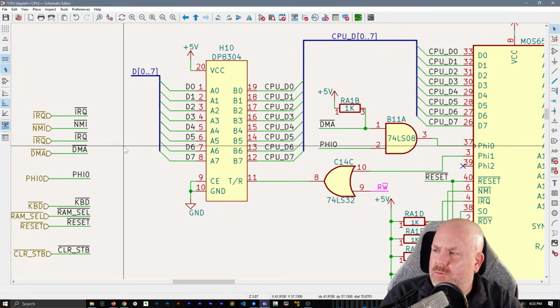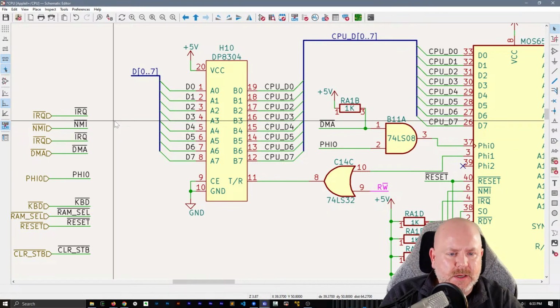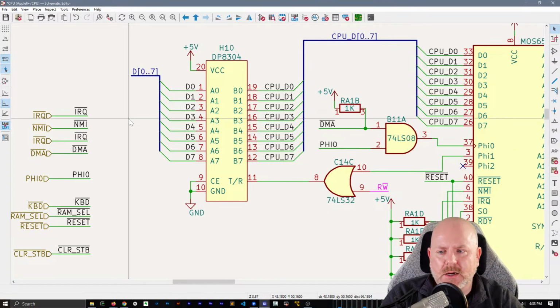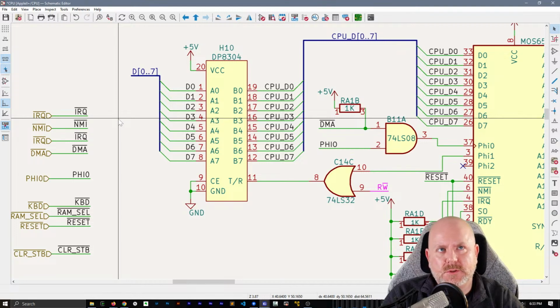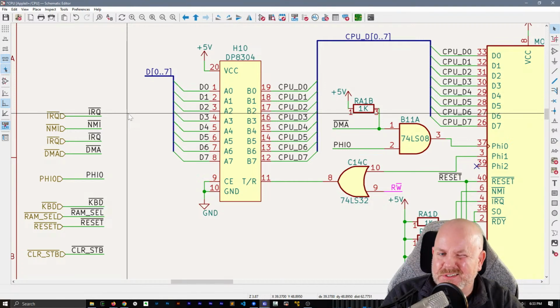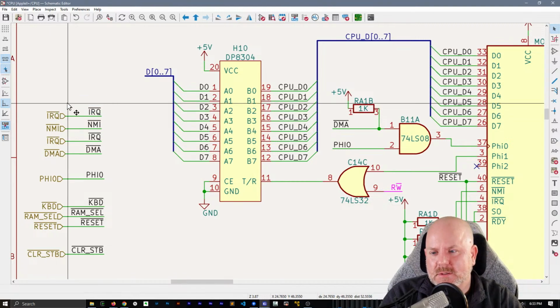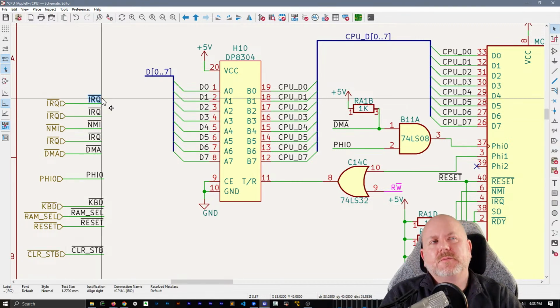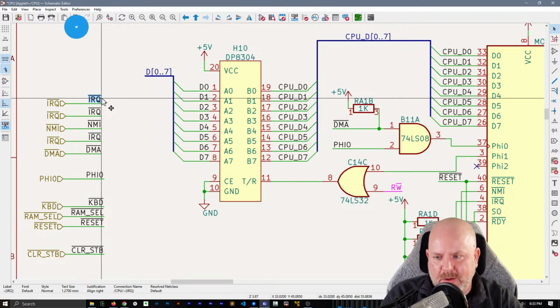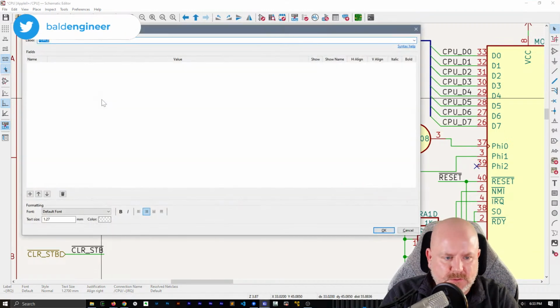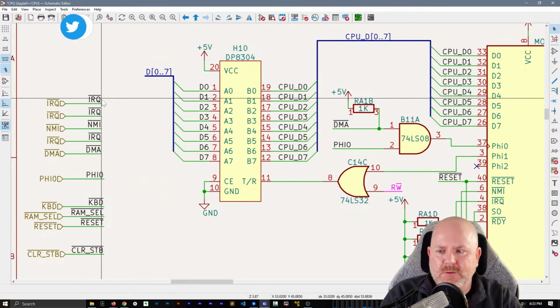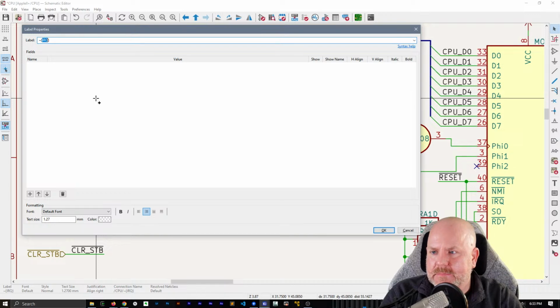DMA, the signal DMA, is actually how you pause the clock, and in the 2 plus and original 2E, you can only pause it for like 6 or 7 clocks, because pausing the 6502 prevents RAM from getting refreshed. Or wait, no, that's not the problem. The problem is its internal registers are dynamic. The 6502's internal registers are dynamic. And so they can't, oh wait, I already have DMA. What am I doing? Ready. Yeah.